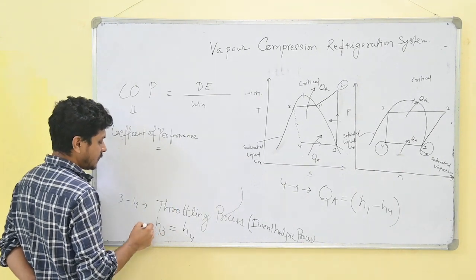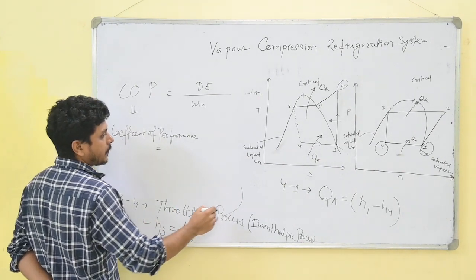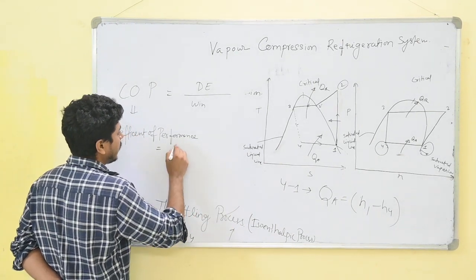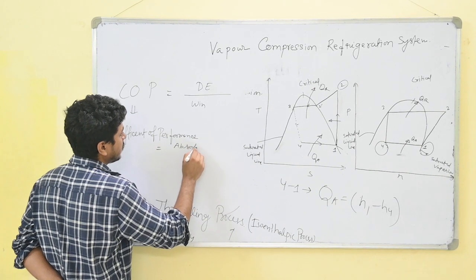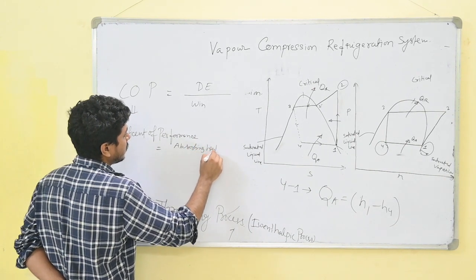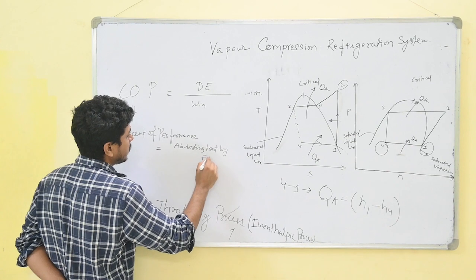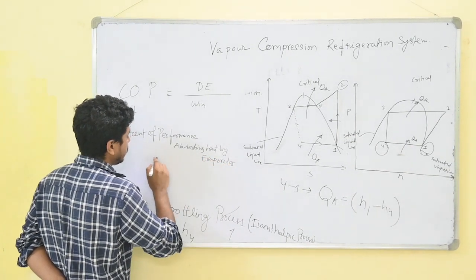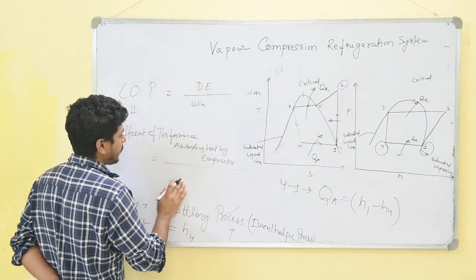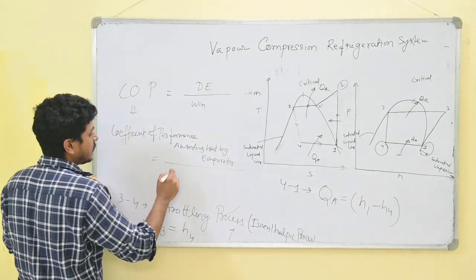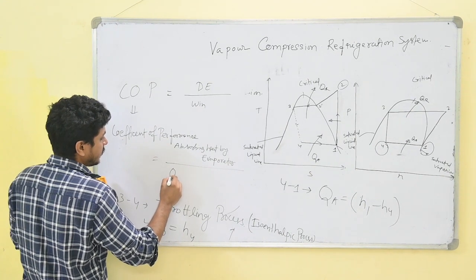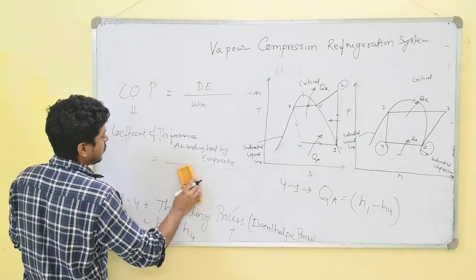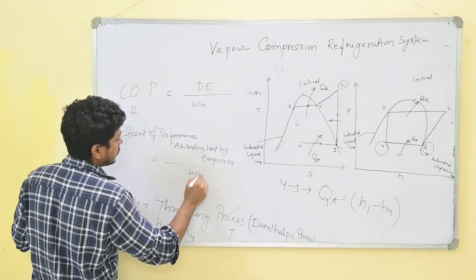The desired effect means the heat absorbed by the evaporator, and the work input we write also in this form.